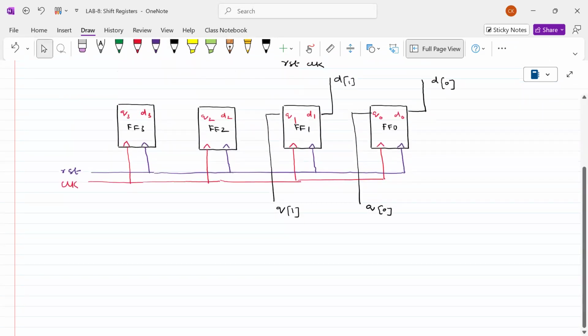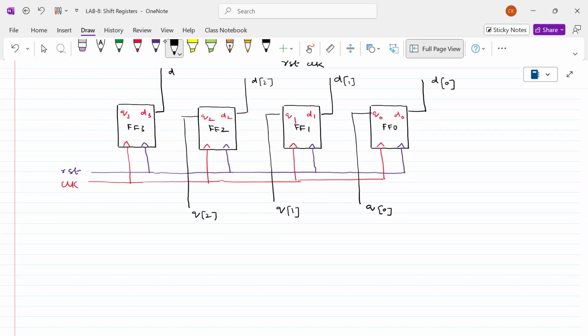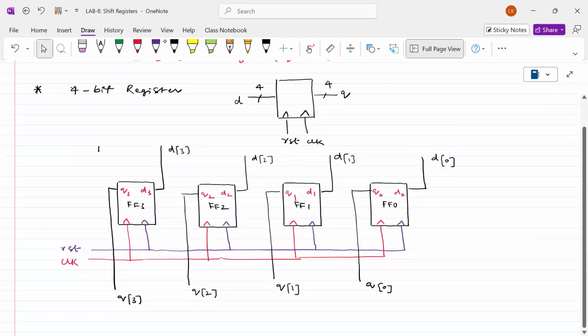Next, D of 2 and Q of 2. D of 3 and Q of 3. Okay, so this is the internal diagram for this one, right?